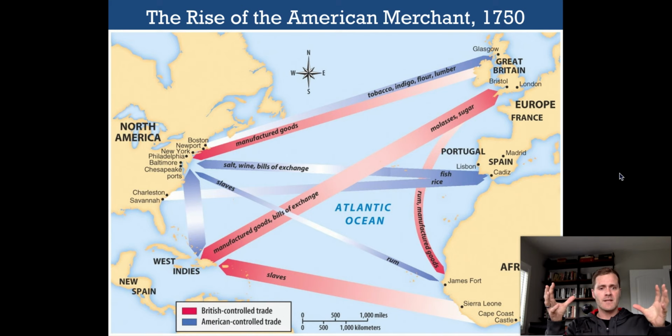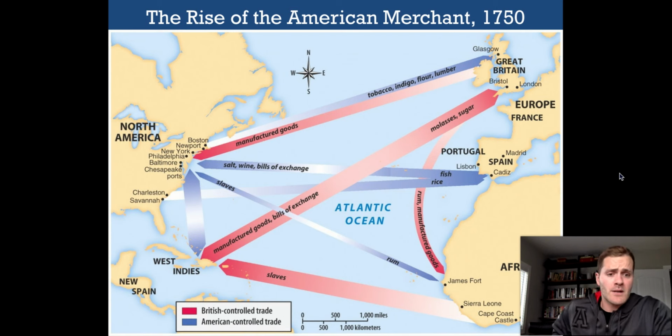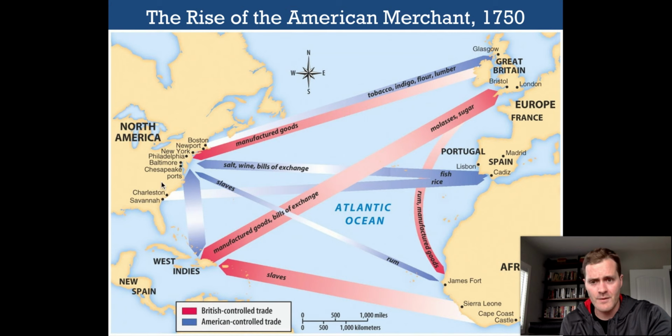So all told, as we come to an end of this time period, we see this rise of the Atlantic exchange of goods, which we'll refer to later, and even now, as mercantilism, as the colonies themselves are importing manufactured goods in large numbers from Great Britain and sending back in exchange raw materials: tobacco, indigo, flour, lumber.